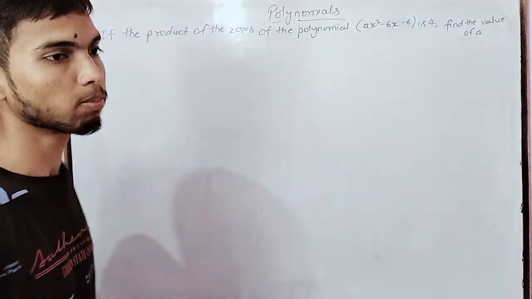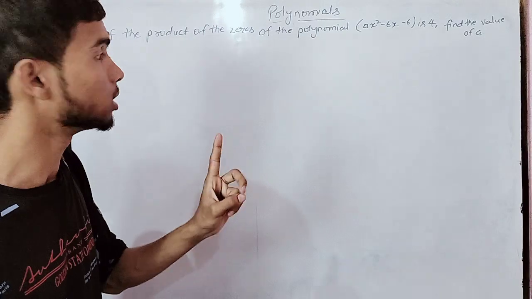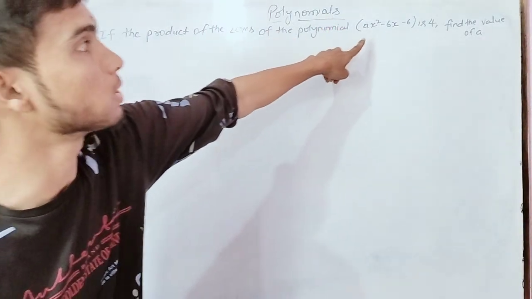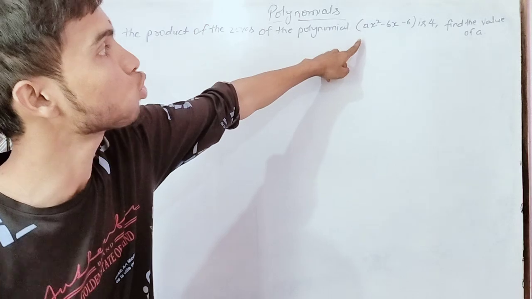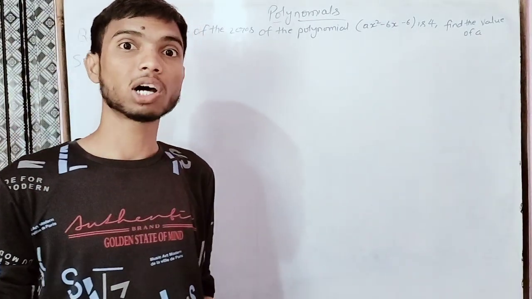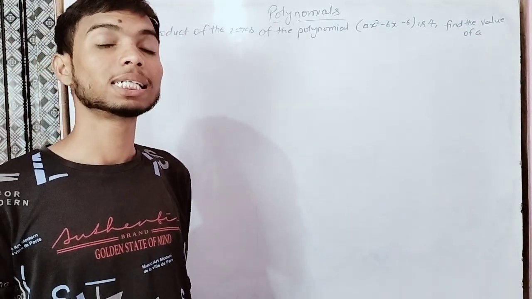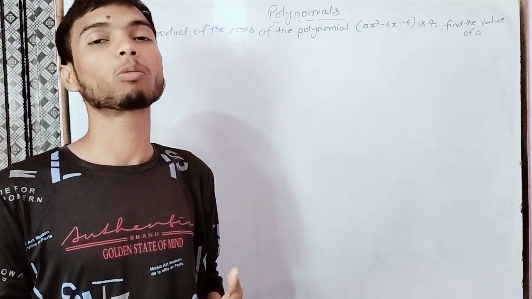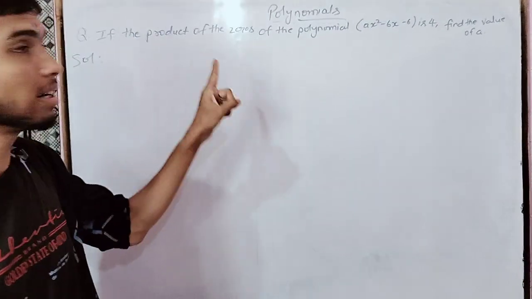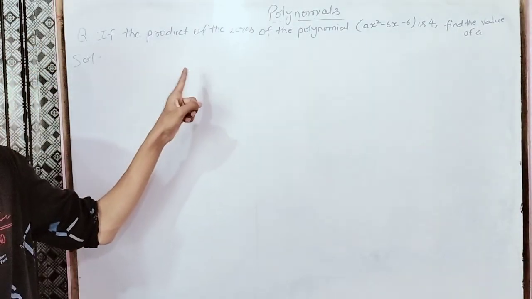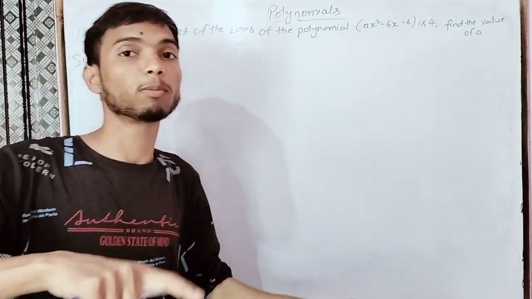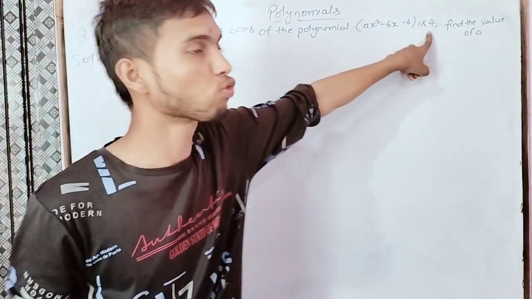The question is saying, if the product of the zeros of the polynomial, this is the polynomial, and the zeros of this polynomial is how much. It is not saying that the sum is 4. No, it is clearly stating that the product of the zeros of the polynomial is 4.